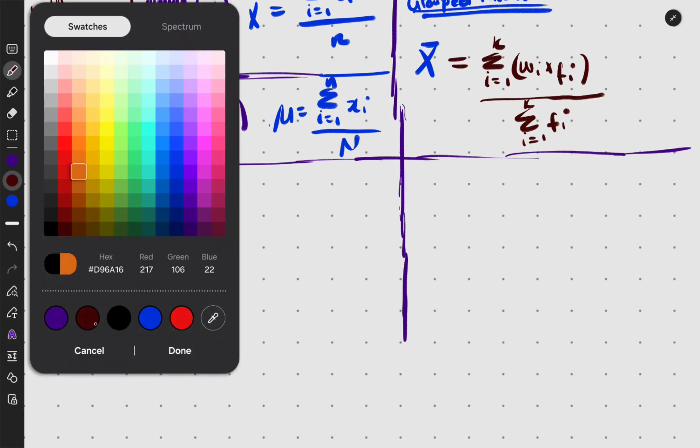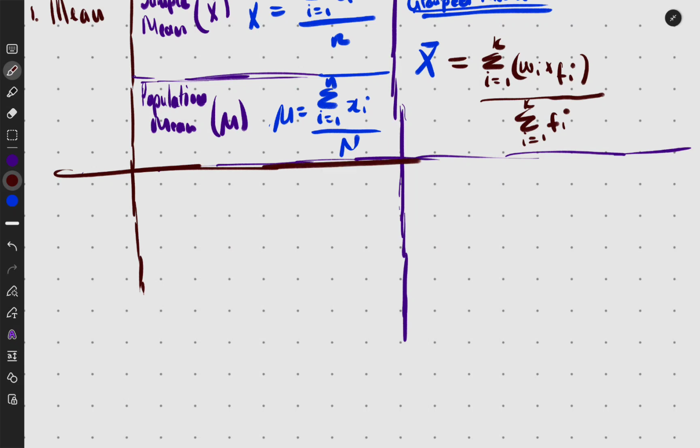Now we go to the second thing, number 2, which is the median.